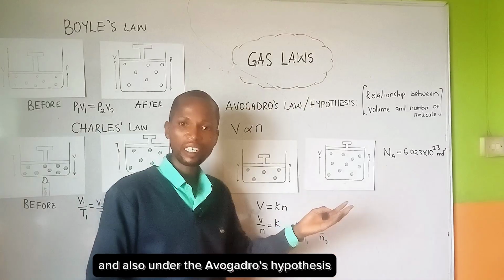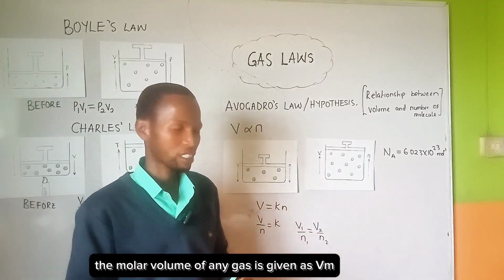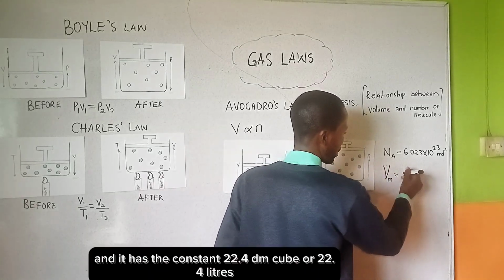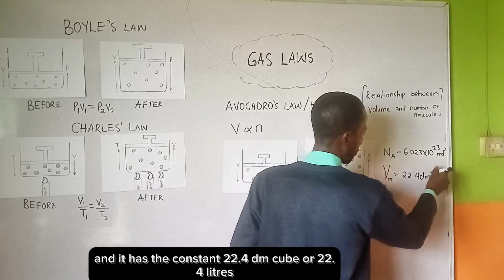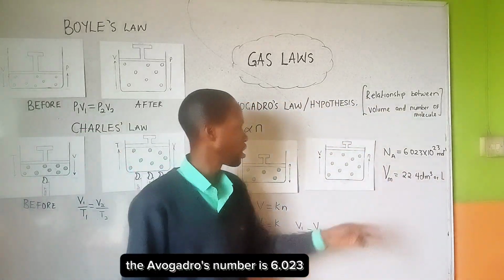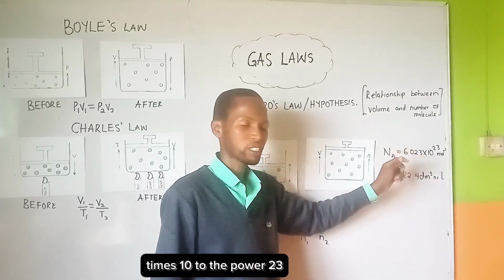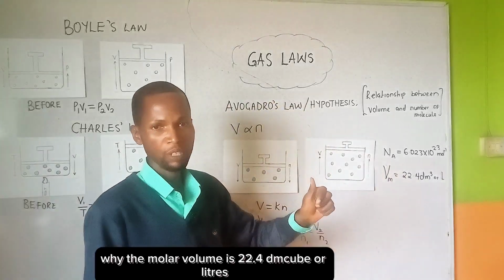And also, under the Avogadro's hypothesis, the molar volume of any gas is given as Vm, and it has the constant 22.4 dm cube or 22.4 liters. The Avogadro's number is 6.023 times 10 to the power 23, while the molar volume is 22.4 dm cube or liters.